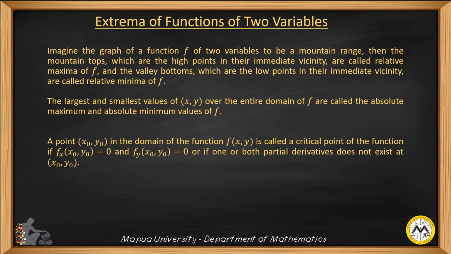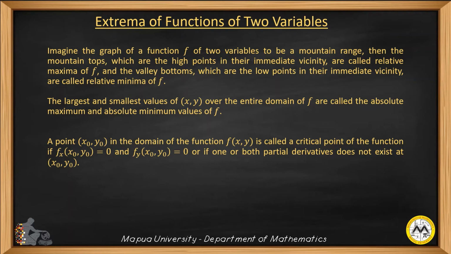Now, a point P (x sub 0, y sub 0) in the domain of the function f of xy is called a critical point of the function if the partial derivative of f with respect to x evaluated at x0, y0 is equal to 0, and the partial derivative of f with respect to y evaluated at x0, y0 is also equal to 0.